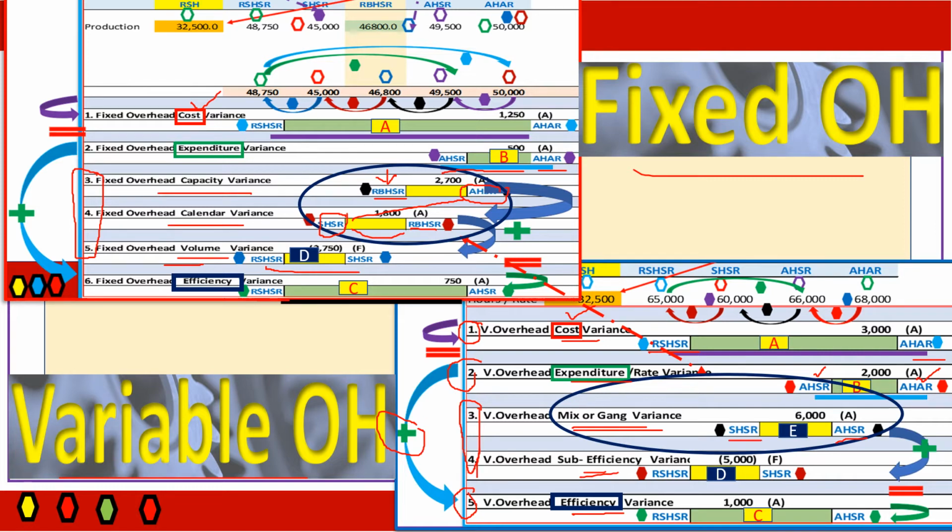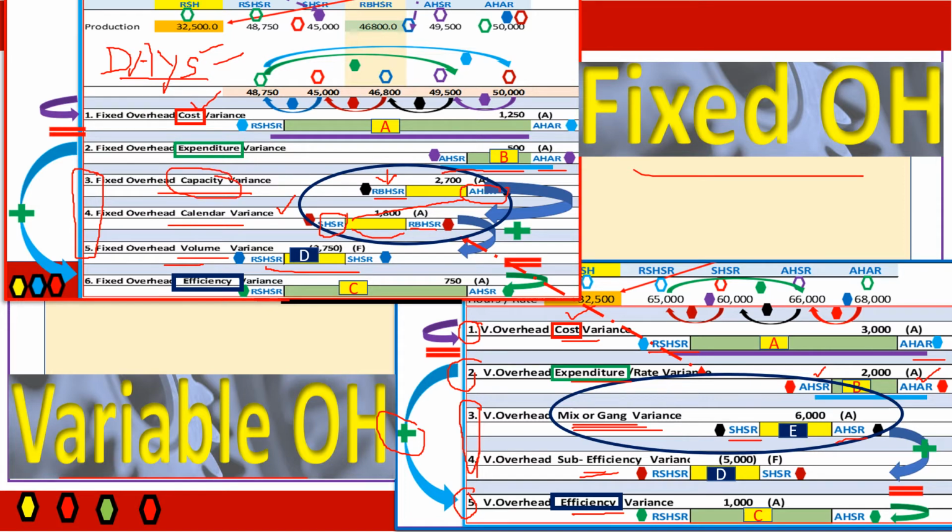Now, what is this revised budgeted hours? Revised budgeted hours refers to the difference between days worked and days budgeted. In a problem where the days budgeted and days worked are the same, the mix and gang variance will be exactly equal to capacity variance.